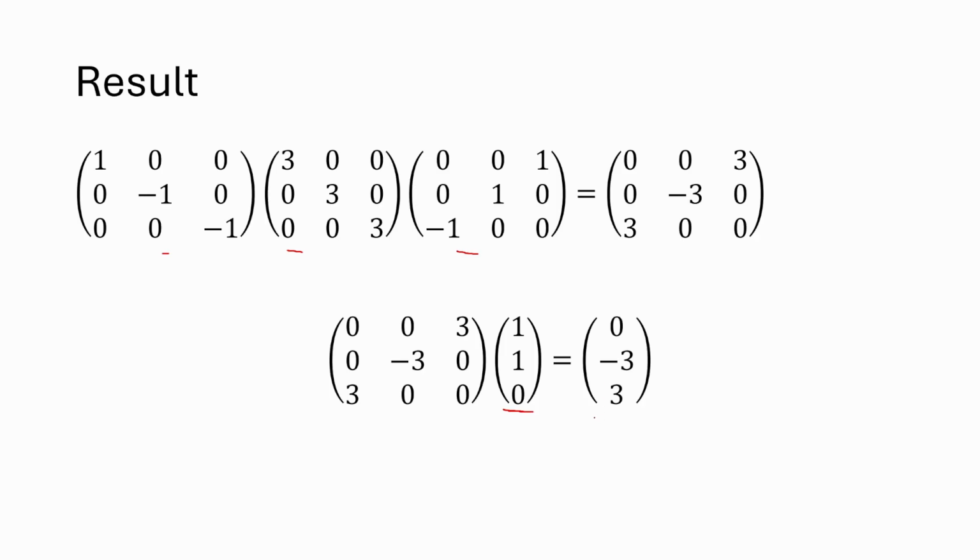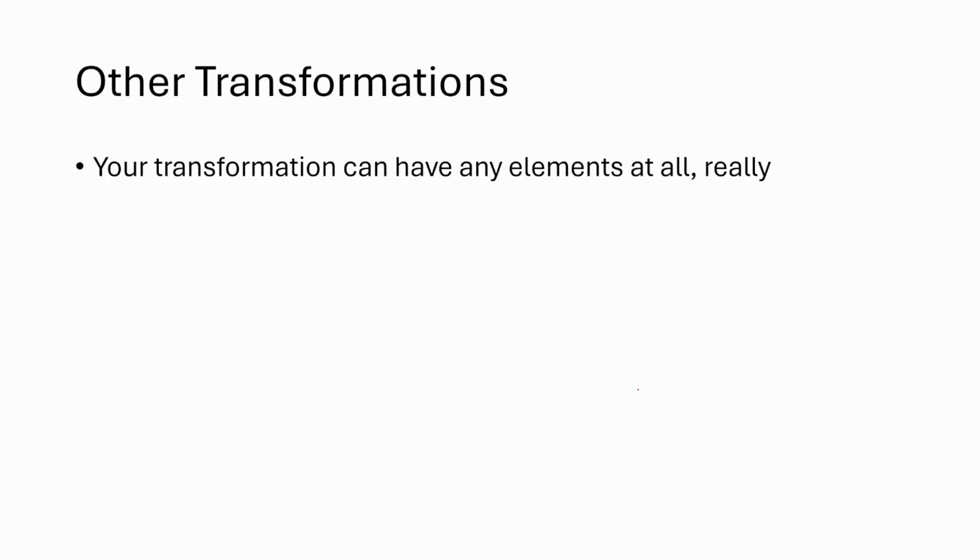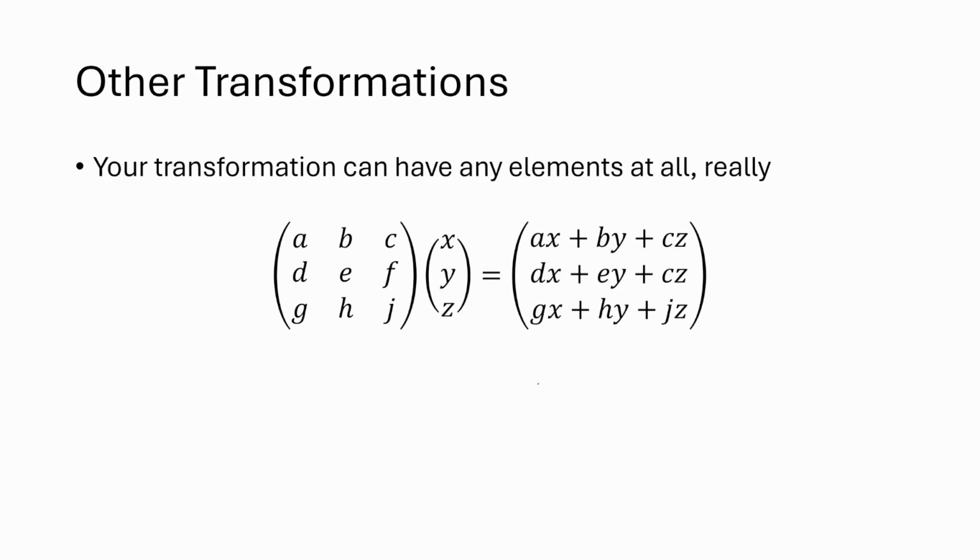Okay, anyway, this is the final coordinates of our transformed location under this compound transformation. Now, in the most general case, looking beyond just rotations, you can have any elements anywhere in this matrix, and you do the matrix multiplication, like the matrix multiplication that we saw previously.